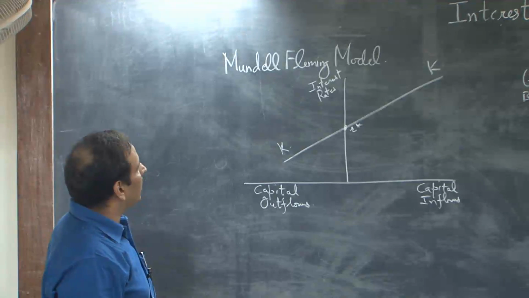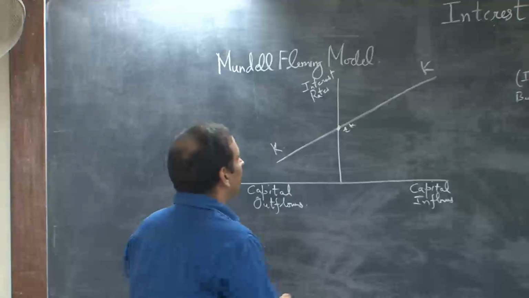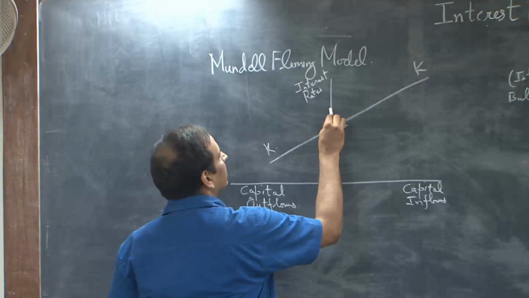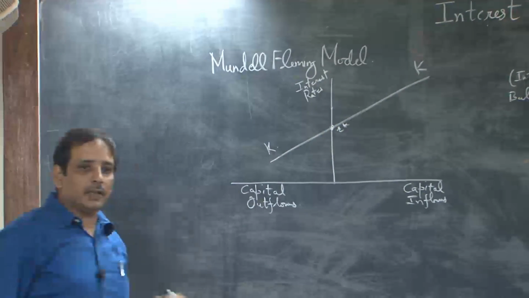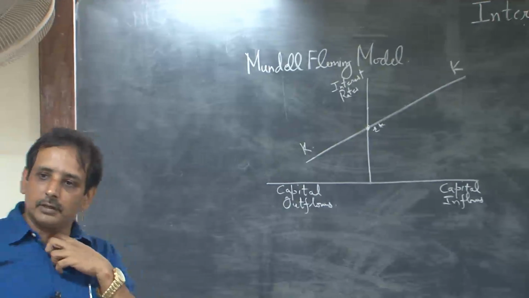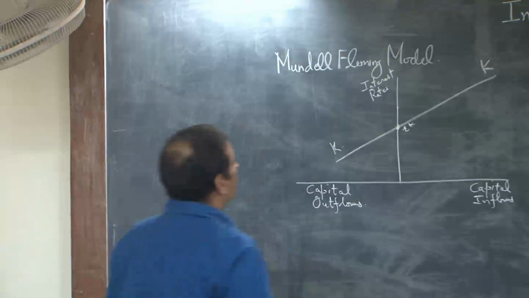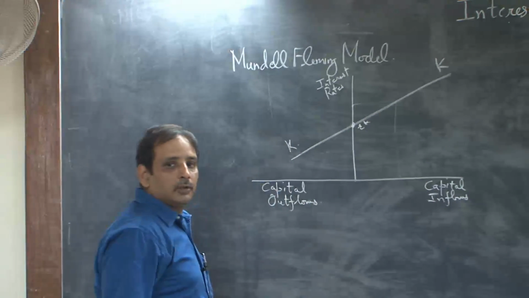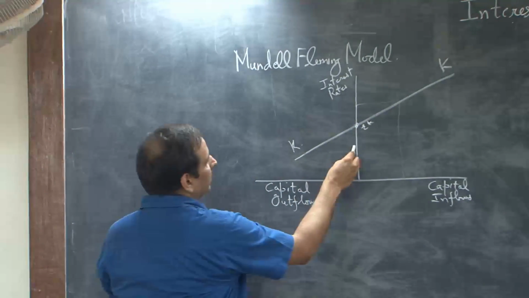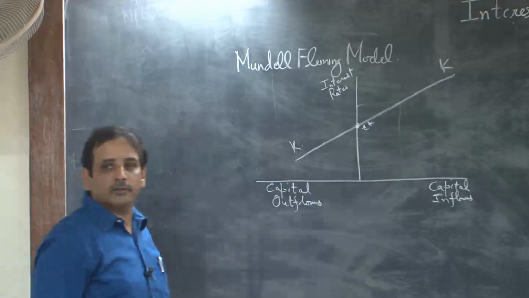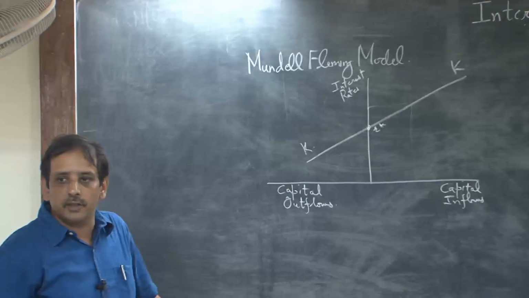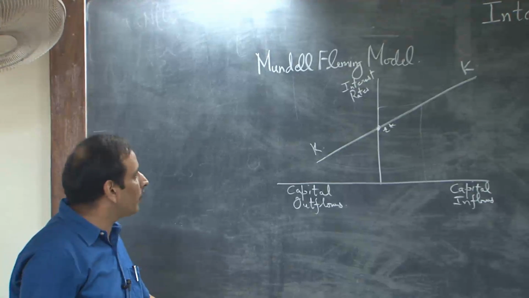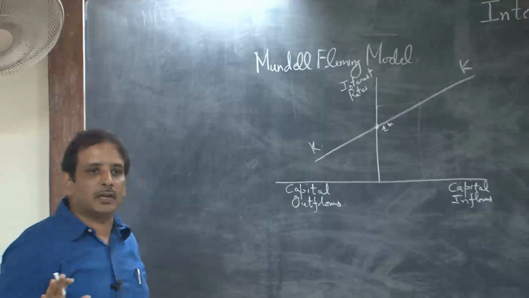So what the Mundell-Fleming model is saying is that if the domestic interest rate exceeds the foreign interest rate, you would see a capital inflow. And if the domestic interest rate is lower than the foreign interest rate, you would see the capital outflow.